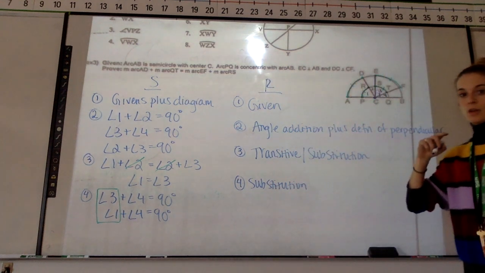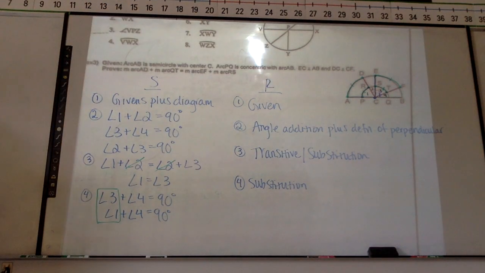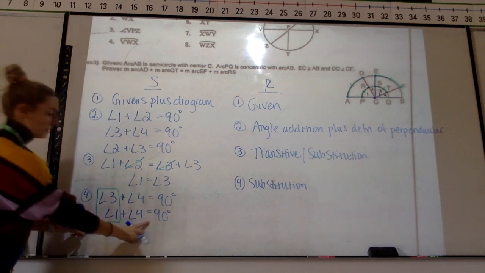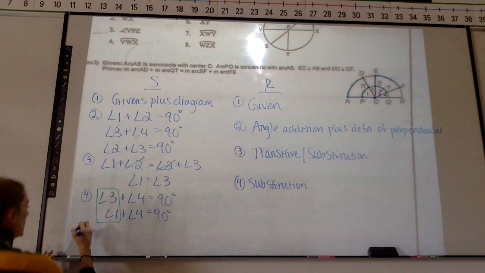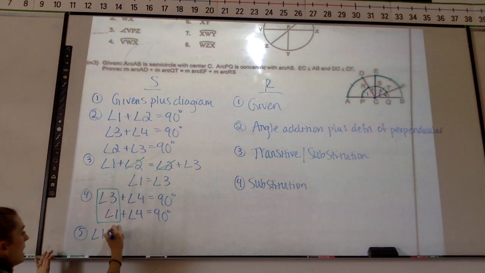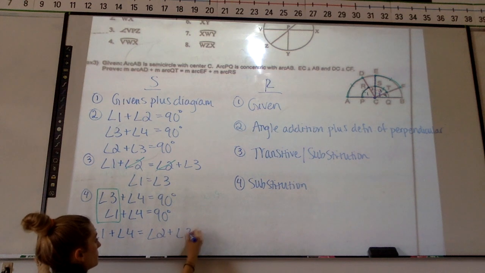Substitution. Okay, so then for step 5, I can now say if angle 1 plus angle 4 is 90 and angle 2 plus angle 3 is 90, that implies that angle 1 plus angle 4 must equal angle 2 plus angle 3.